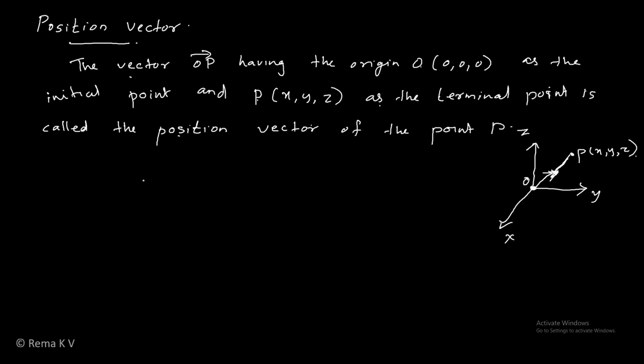And if we represent the position vector of P as vector r, which is vector OP, the position vector OP represented by vector r. What will be the magnitude of this vector r?